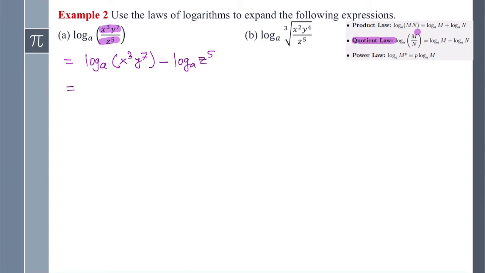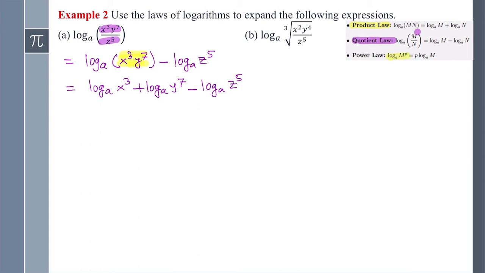Now with this first term, we have a product, x cubed times y to the 7th, so we can use the product law. That equals log base a of x cubed plus log base a of y to the 7th minus log base a of z to the 5th. For the final step, we use the power law.